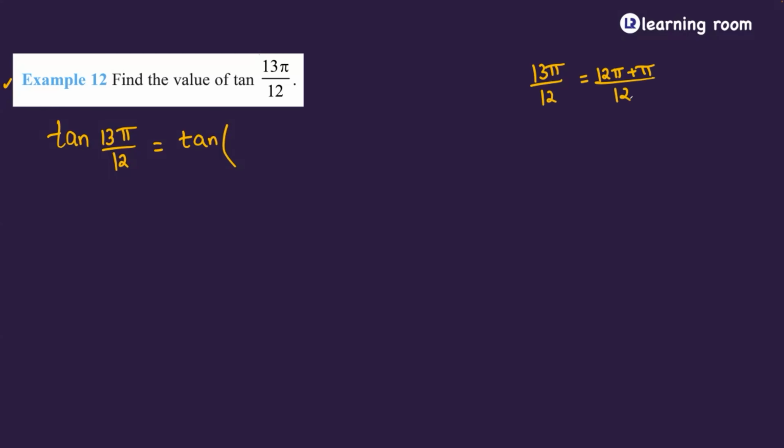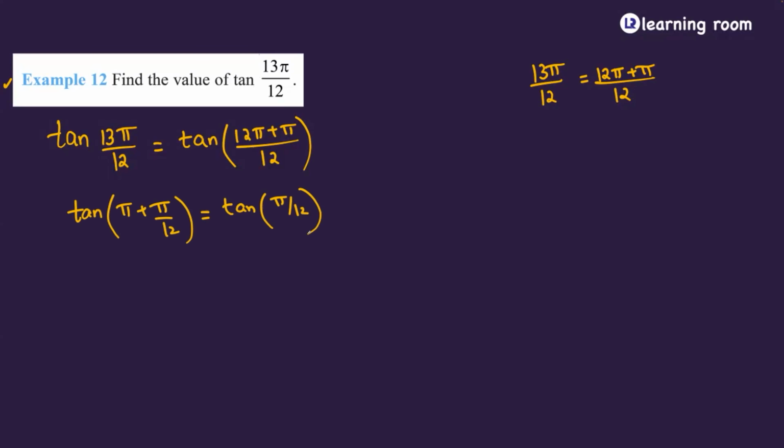Why did I choose 12 in the numerator? Because the denominator is 12, the nearest multiple. So you write it as 12 pi plus pi, the whole divided by 12. 12 pi by 12 is going to be pi, plus pi by 12.